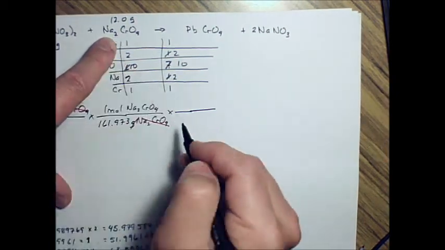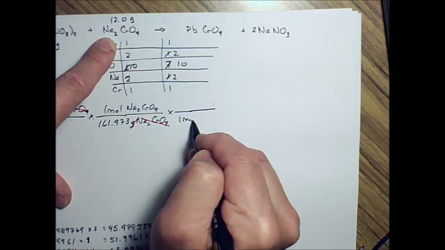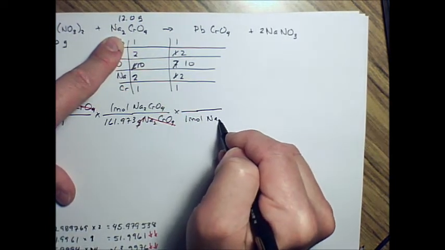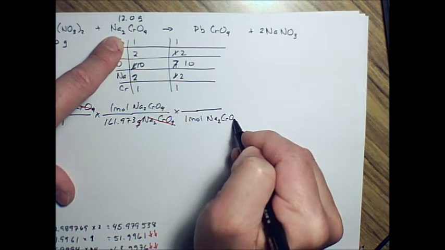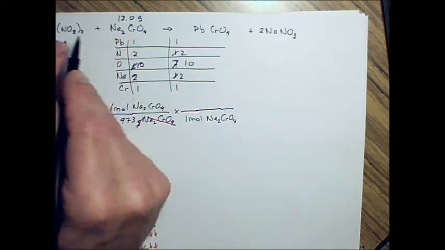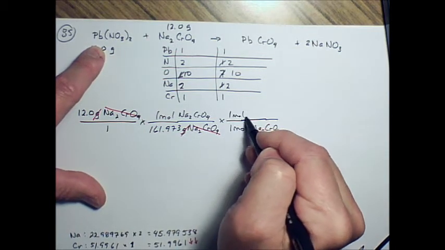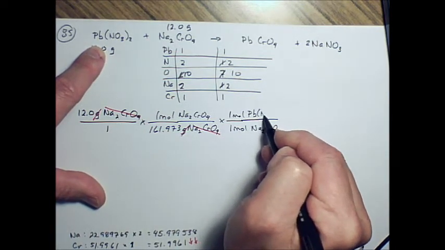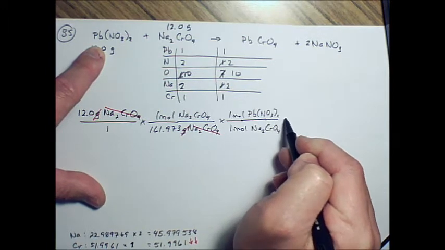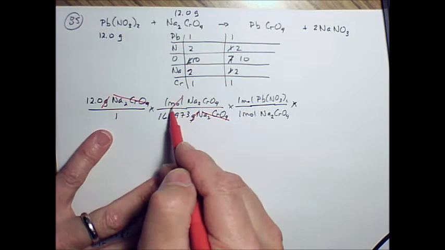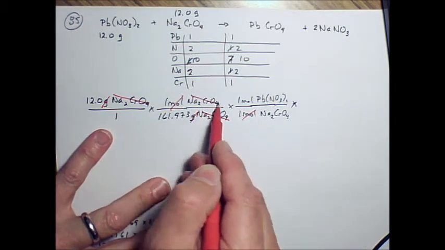So we want to put 1 mole of Na2CrO4 on the bottom, and then 1 mole of the lead nitrate on the top. Now again, we can cancel moles and the sodium chromate.